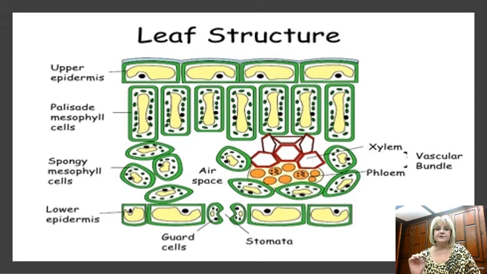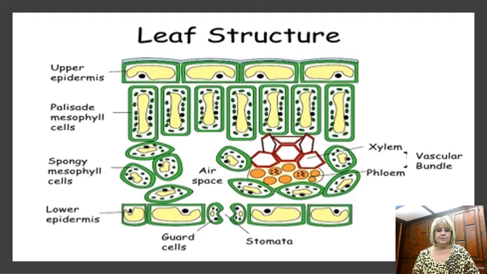So the mesophyll between the upper epidermis and the lower epidermis may be divided into an upper palisade layer, which consists of rows of parenchyma cells containing numerous chloroplasts and a lower spongy layer in which the parenchyma cells are loosely arranged. So the veins traverse the mesophyll.